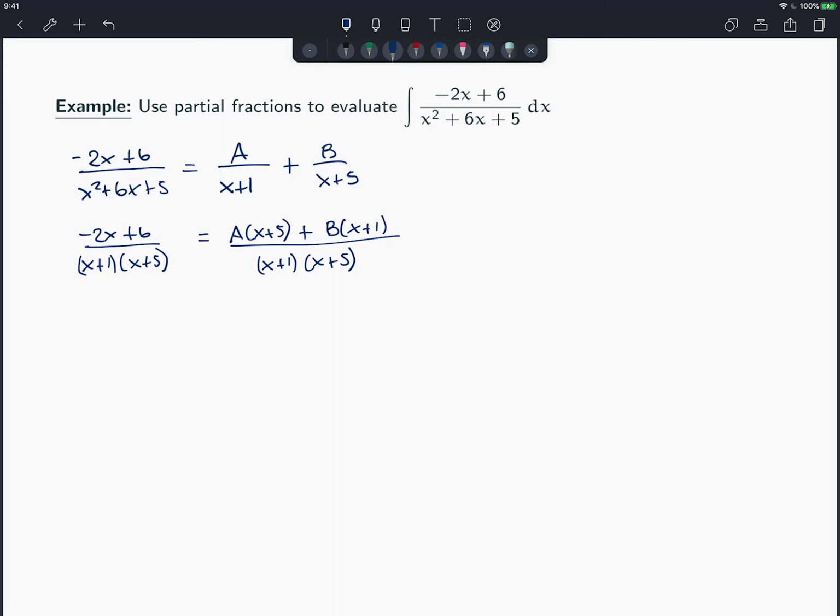I'm writing it like this to be clear that since both sides have the same denominator, we only look at the numerators. So then negative 2x plus 6 should be equal to ax plus 5a plus bx plus b. Now factor the x's: the coefficient of x is a plus b, and my constant term is 5a plus b.